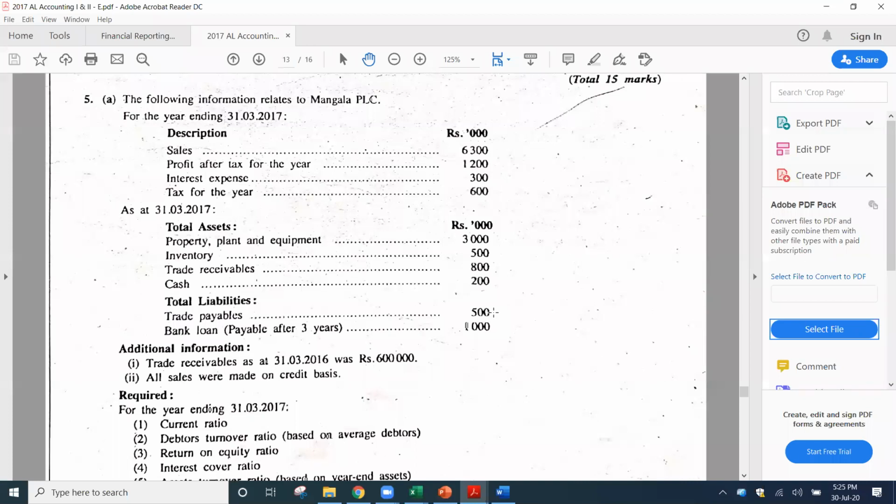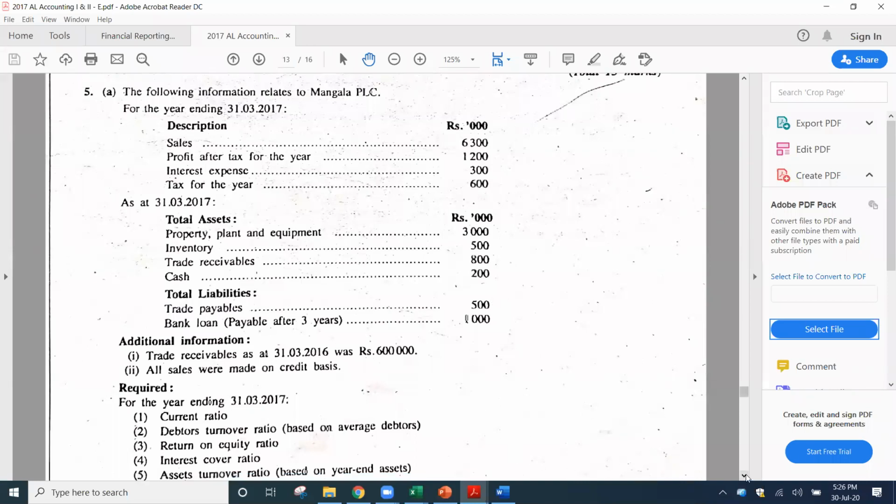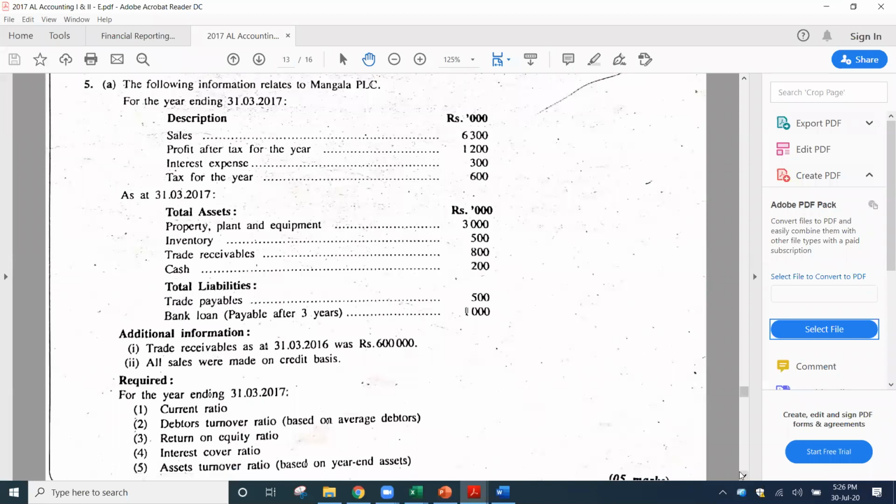Total liabilities, trade payables, and the bank loan payable after 3 years. Additional information, trade receivables, 31st March 600,000. All the sales were made on credit basis. Required: current ratio, debtors turnover ratio, return on equity ratio, interest cover ratio, and the asset turnover ratio based on year-end assets. Okay. So let's calculate the ratios for this.